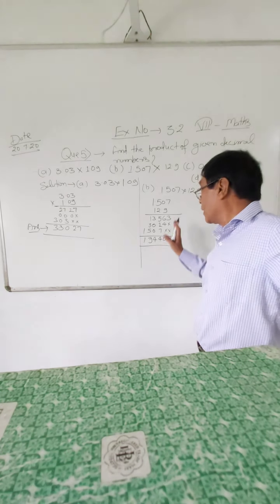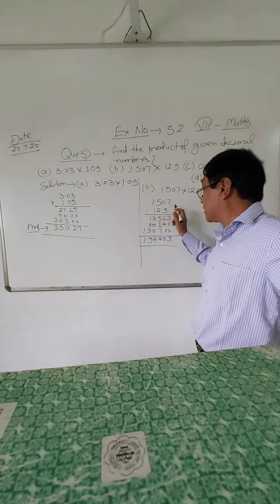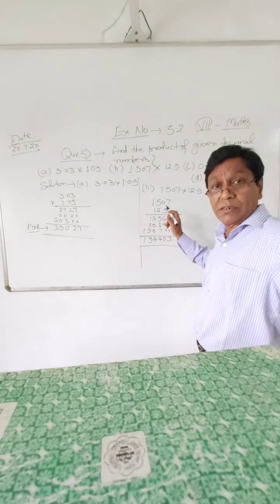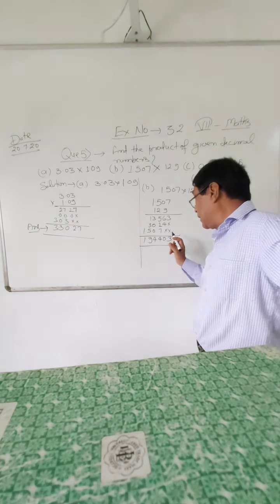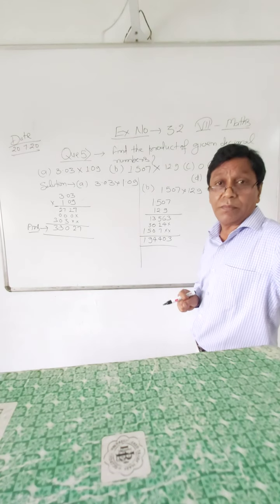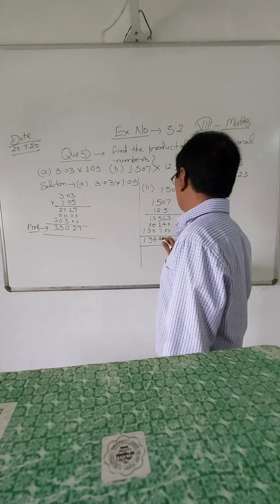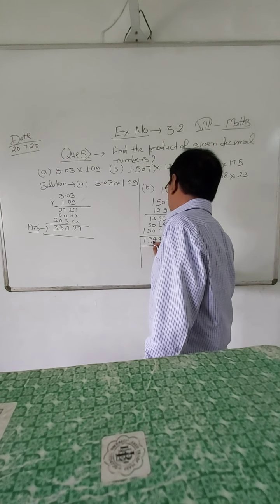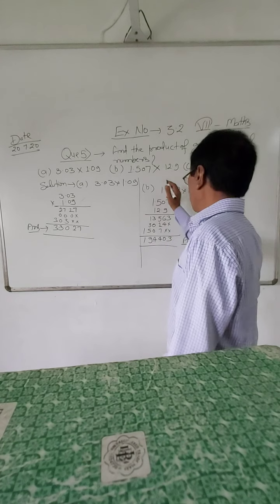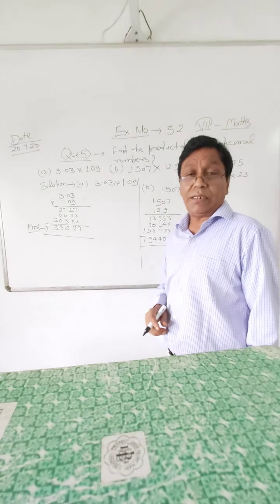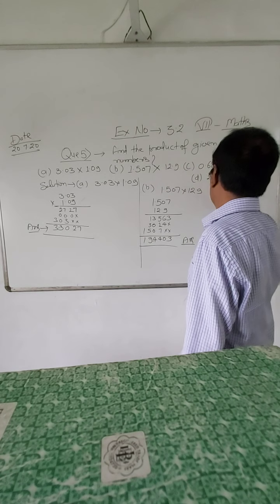So finally you will put the decimal after 4 places. 3 places for this and 1 place for this. After adding both, we can find after how many digits we have to put the decimal. Clear? So 1 2 3 4. So decimal will come here. This is the answer of question number B.